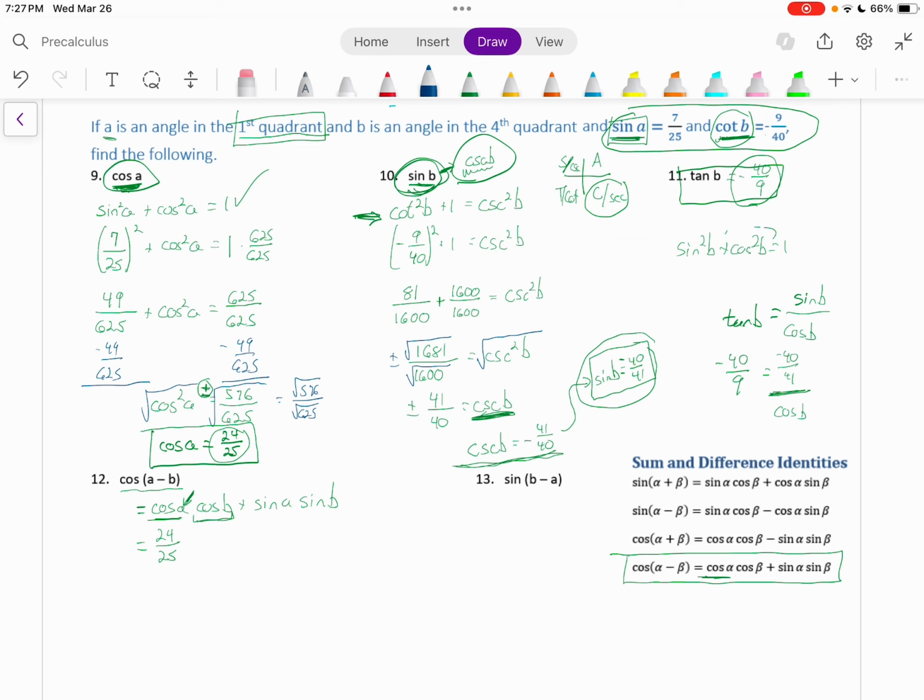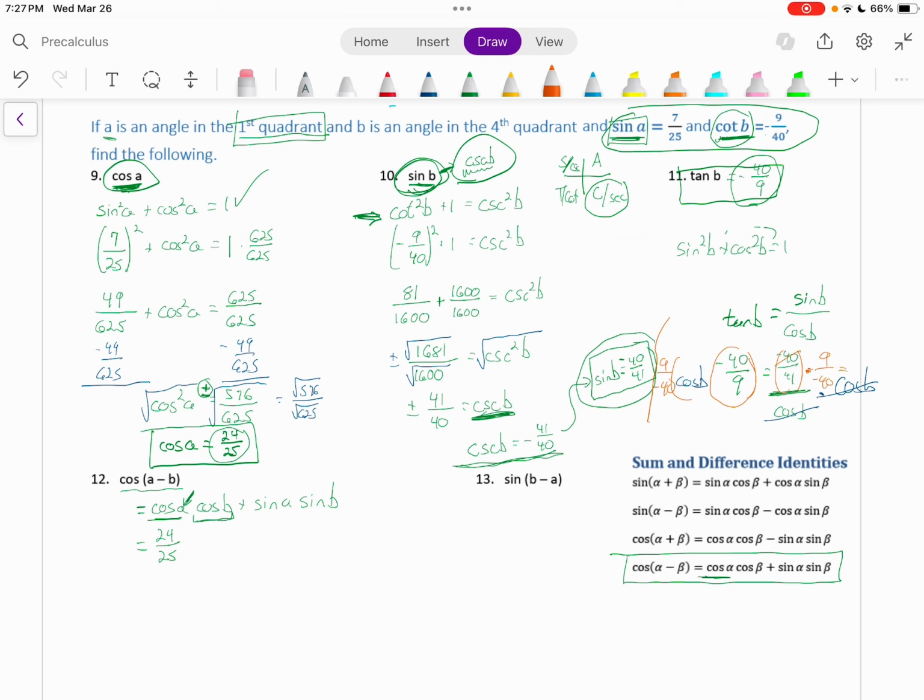Does look a little funny here. Cosine of b is in the denominator, so we have to multiply both sides by cosine b. So these cancel. And then we can multiply both sides of what's left by the reciprocal, so 9 over negative 40. Sorry, it's getting really cramped in here. We're getting rid of this, so multiplying by 9 over negative 40.